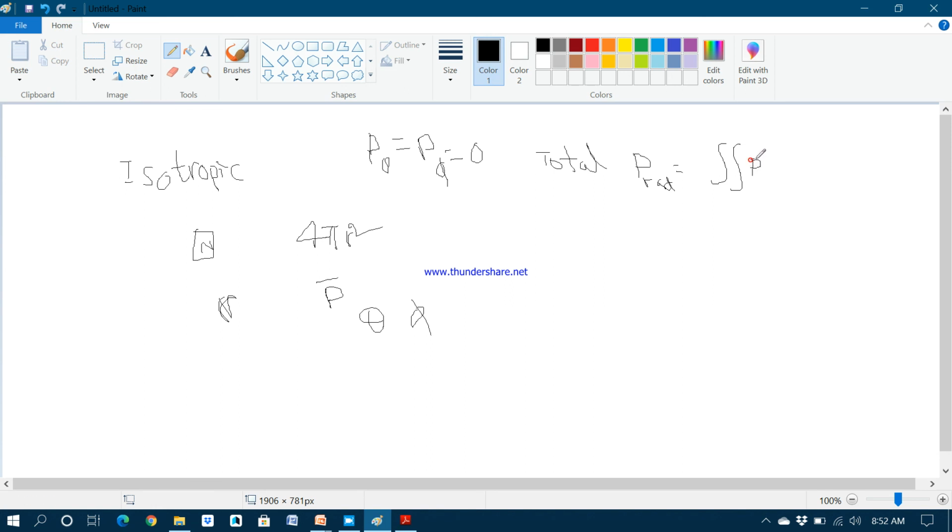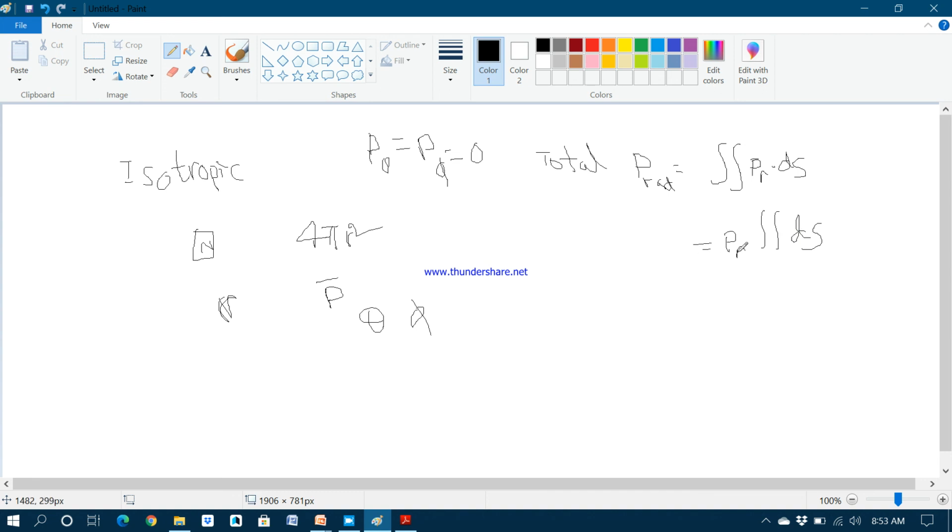So it is the normal power component P bar into ds. In general, P is nothing but the power radiated, P r, which comes out of the integral. Then we get the integral of ds, the surface double integral of ds, which is nothing but 4 pi r square. So this is P radiation.